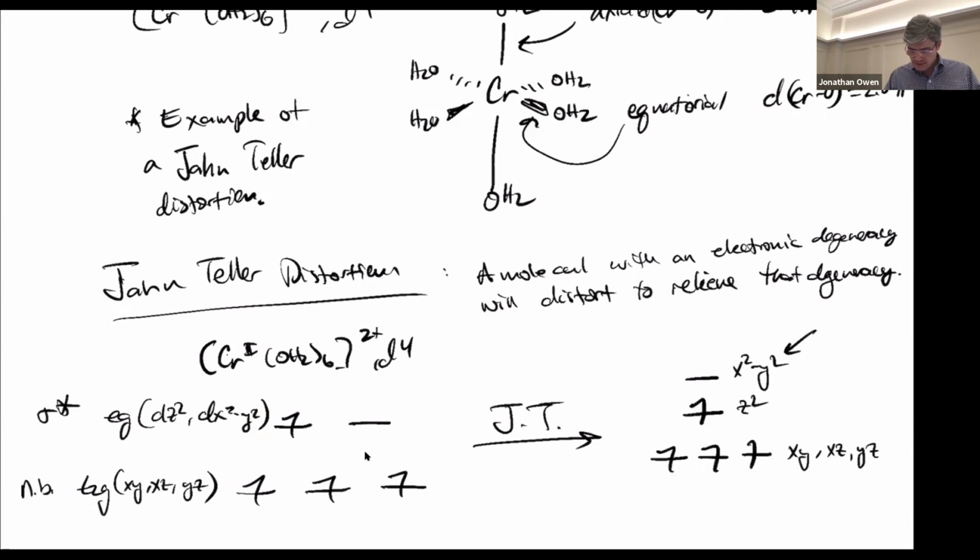It splits that degeneracy. It strengthens the bonding to dx squared minus y squared, and it weakens the bonding to dz squared.